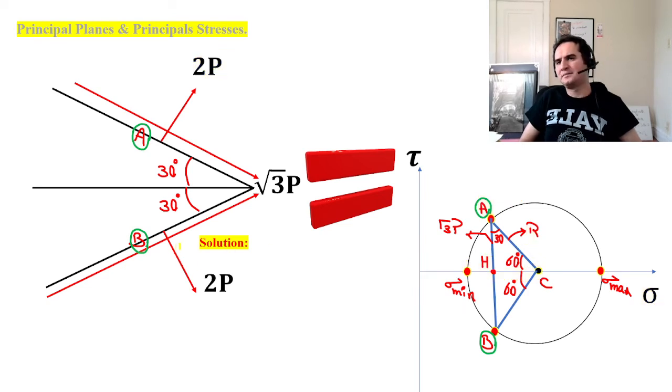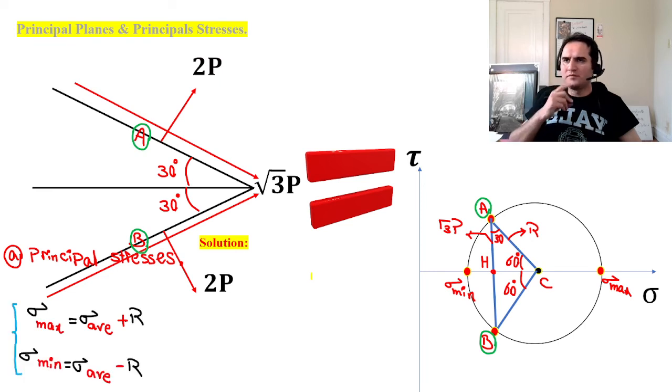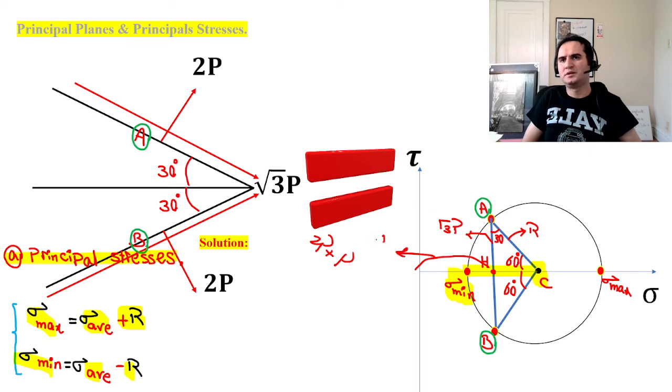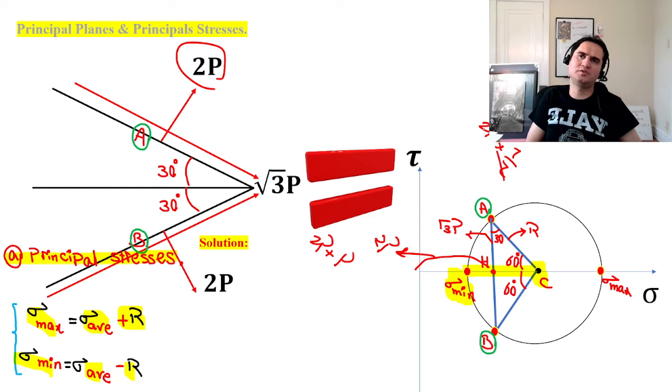So for calculation of principals, we do know sigma max is average plus R, and sigma min is average minus R. The average is OC, which we just calculated: this part was 2p, plus HC, which is R cosine of 60, that is 2p times 1 over 2. That gives us another p, and it goes by 3p.